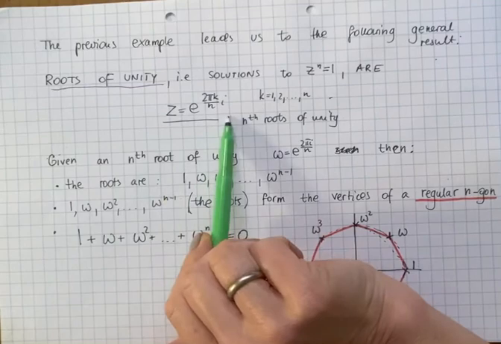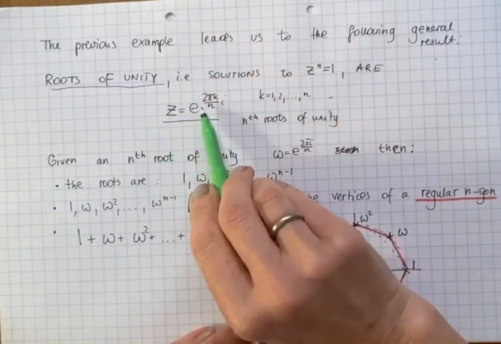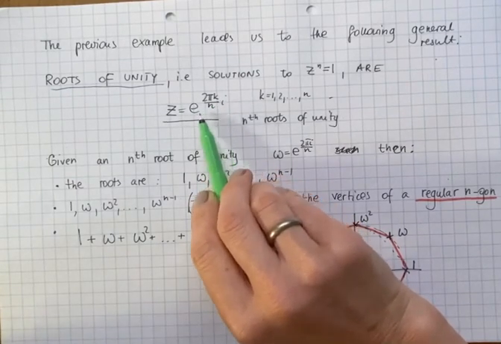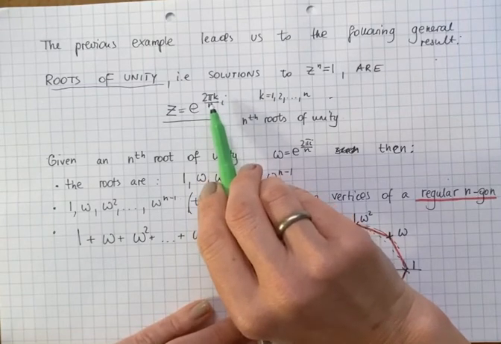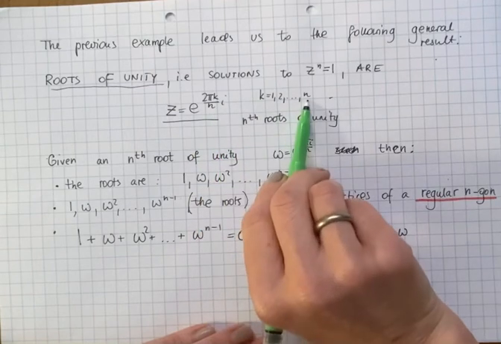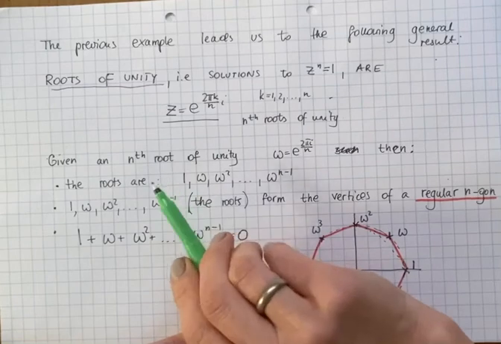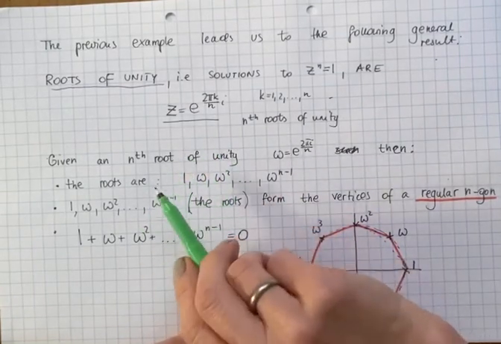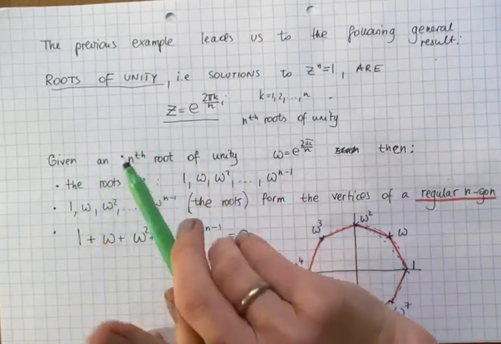So this is the general solution. z is equal to e to the power of 2k pi over n i. I think the book used 2 pi k over n. Doesn't really matter as long as it's multiplied by k. And then, depending on the value of n, this is how many different values of k you will pick. And then this way you'll be able to identify n distinct solutions of that equation. So they're looking for n of them.